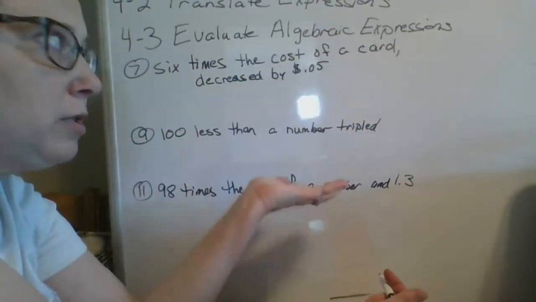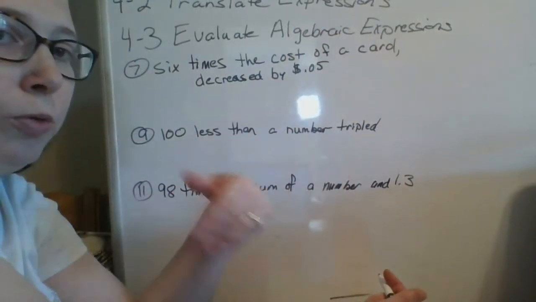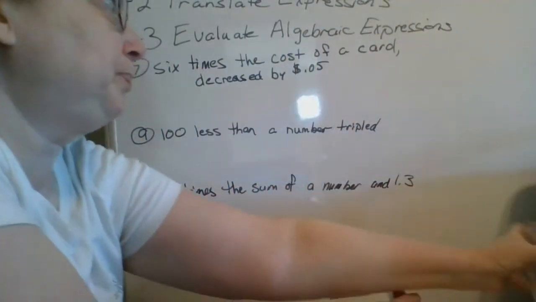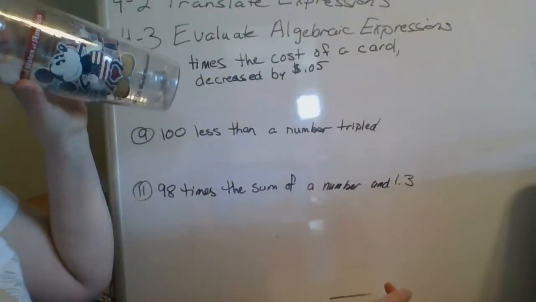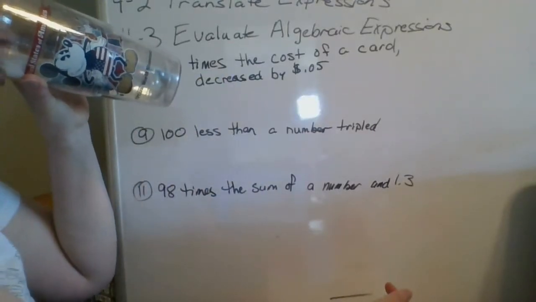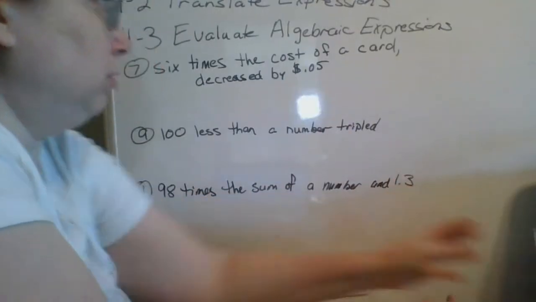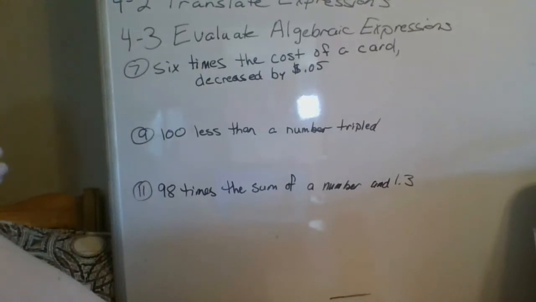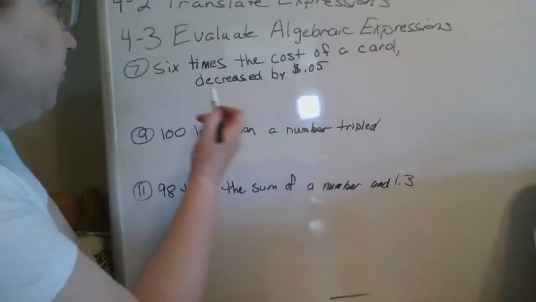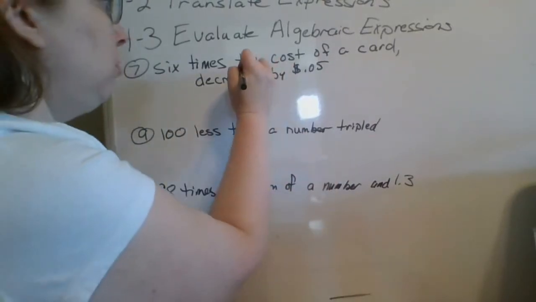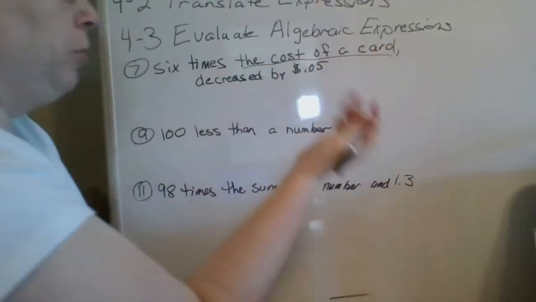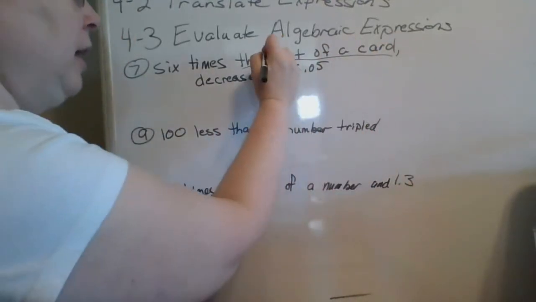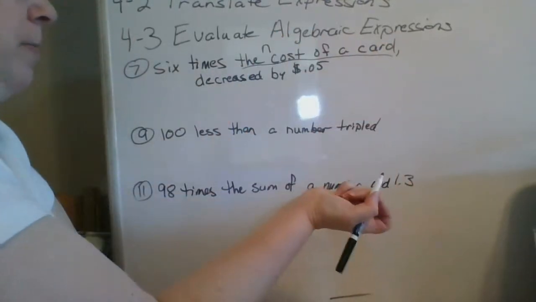It doesn't tell us what the cost of a card is, so that's where we're going to put a variable. So we know the cost of a card is what we don't know. That's where we're putting our n.